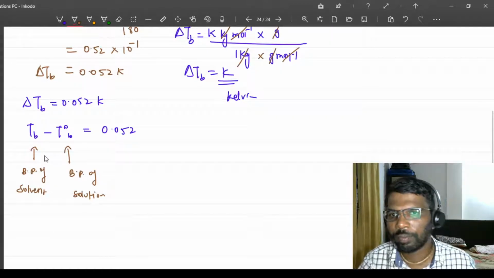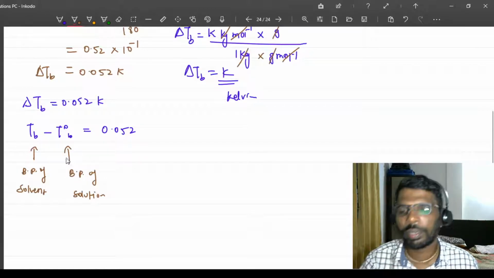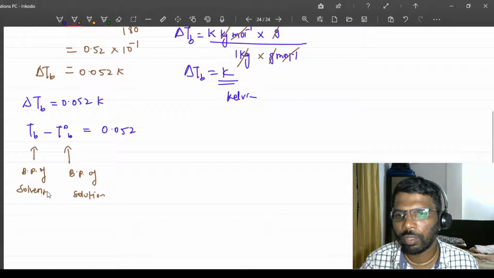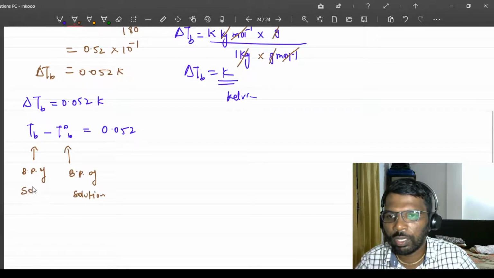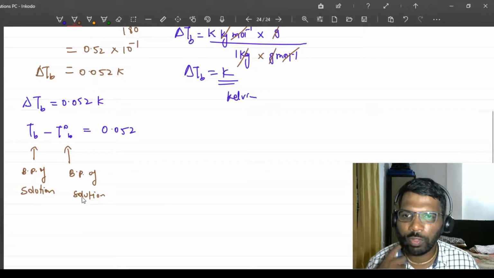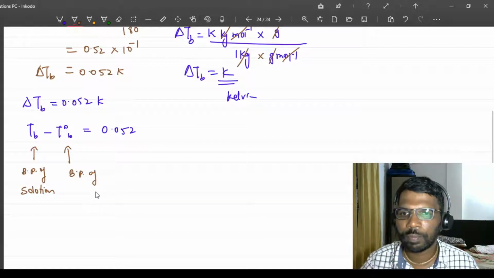Sorry, T naught B. T naught B is the boiling point of the solvent, and TB is the boiling point of the solution because it is the higher value. So TB is greater than T naught B. In the problem, the given value is 373.15 Kelvin, which is the boiling point of the solvent.